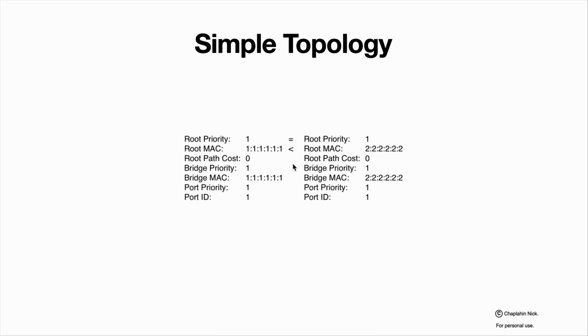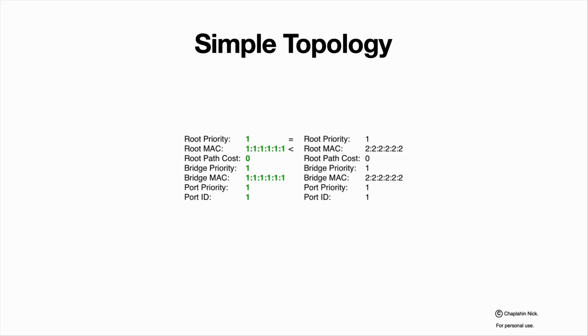Let's go. We are comparing those, as per the standard, priority vectors field by field, or value by value. Root priorities are equal, ones. Root MACs are not equal. This root MAC is less, and as you remember from previous videos, the lower the number, the better, the higher the priority.